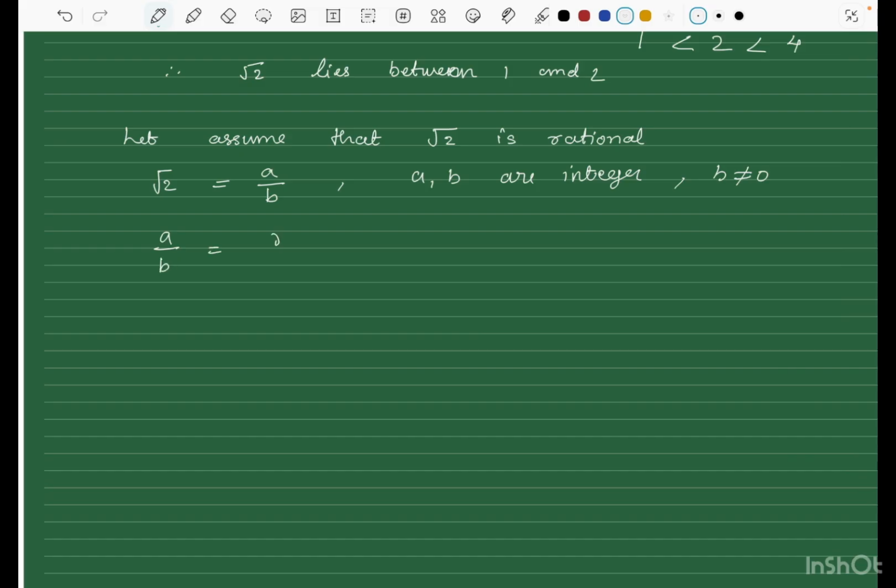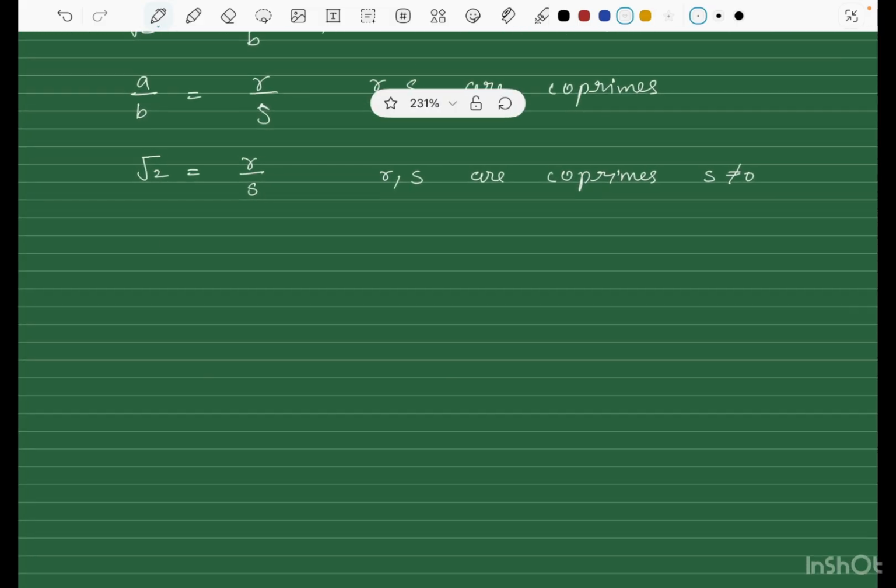So a by b can be written in the form r by s, where r and s are coprimes. Therefore, root 2 is equal to r by s, where r and s are coprimes, s not equal to 0.